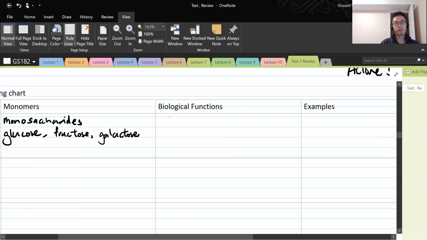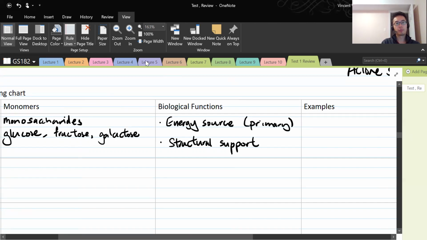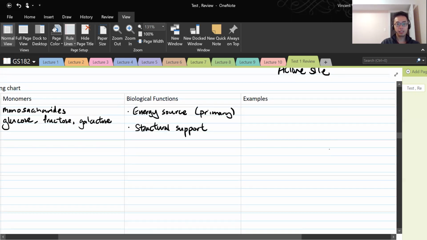Biological functions. Energy source. We also use them for structural support. Primary energy source for many, or for humans, definitely.